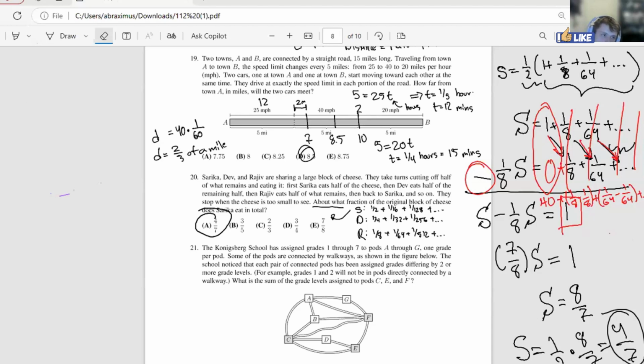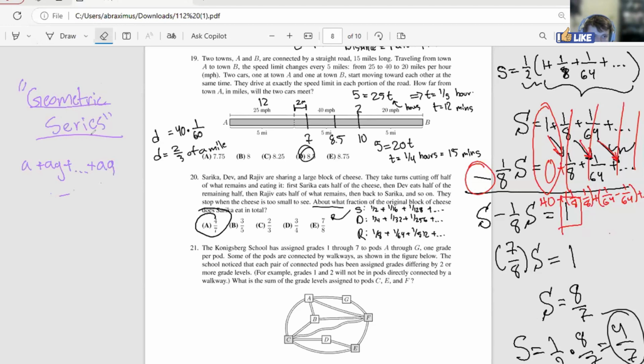Evan, good question. The name of this method is called geometric series. Sorry, I'll write that over here. So I'm just going to write down the formula. If we have some number a plus a times g forever, right?